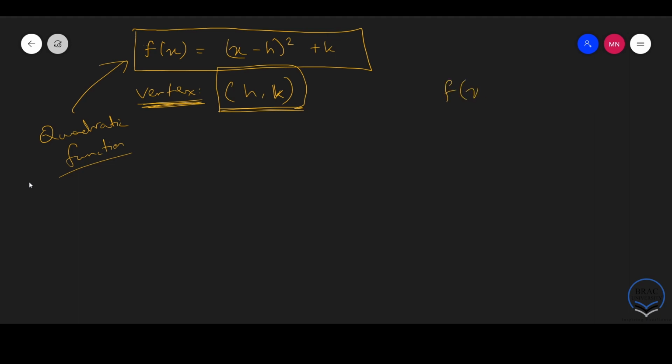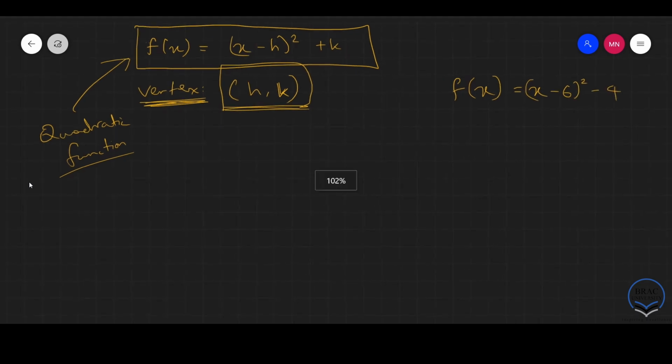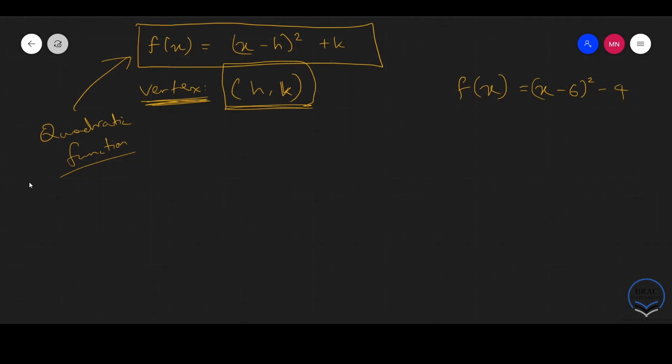So we looked at a function that was of this form, x minus 6 whole squared minus 4, right? So obviously this function is of this form, right? So we can very easily and directly find the vertex of this function as 6 comma minus 4.